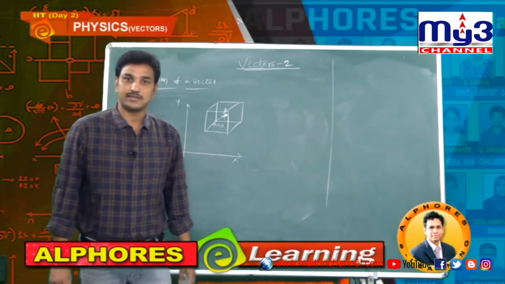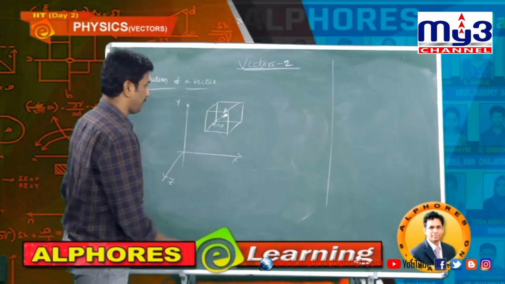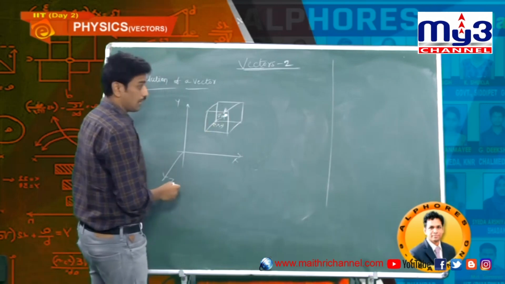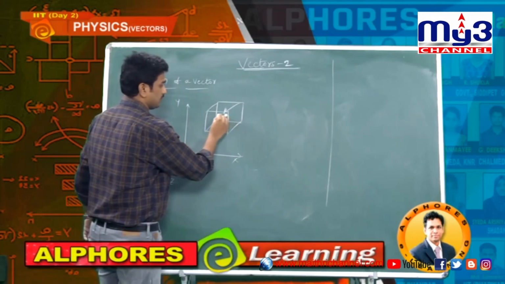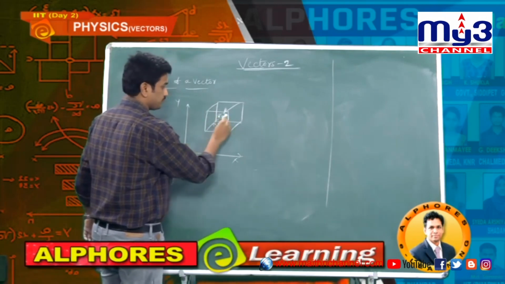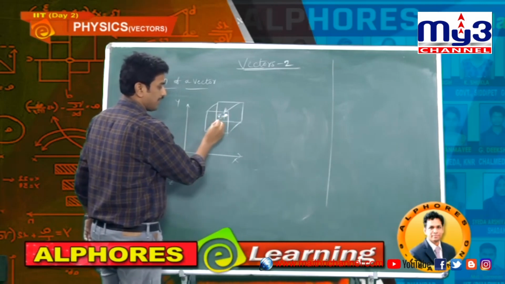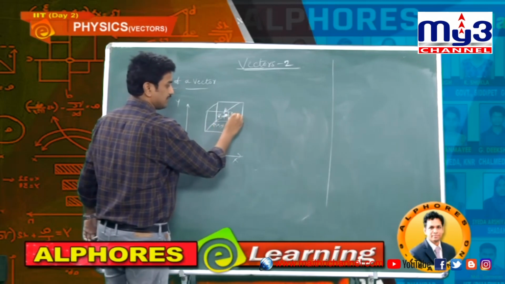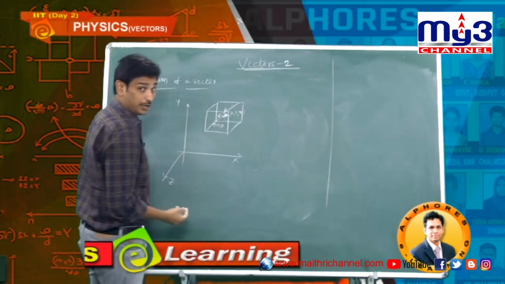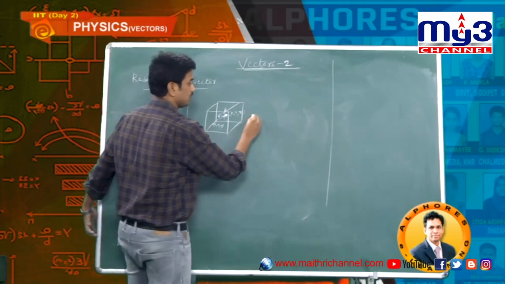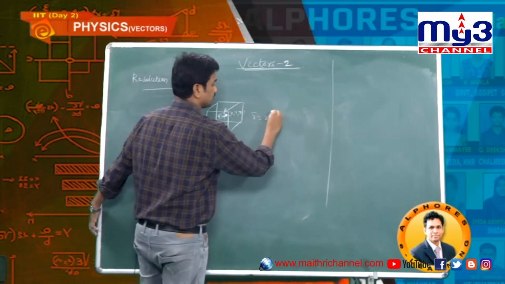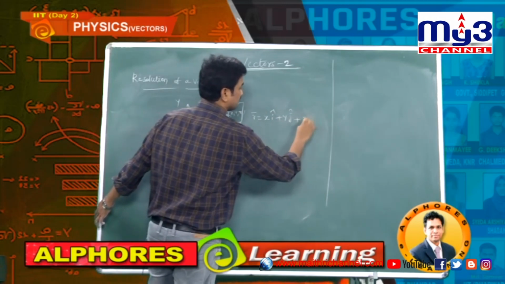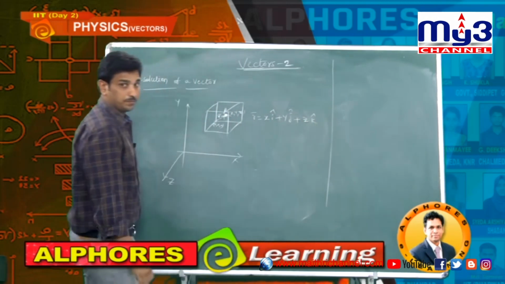Point in 1D, vector is 1D. Now, let it be R bar, the position vector of P. It has 3 coordinates x, y, z, already you know that. R bar is equal to x i cap plus y j cap plus z k cap.